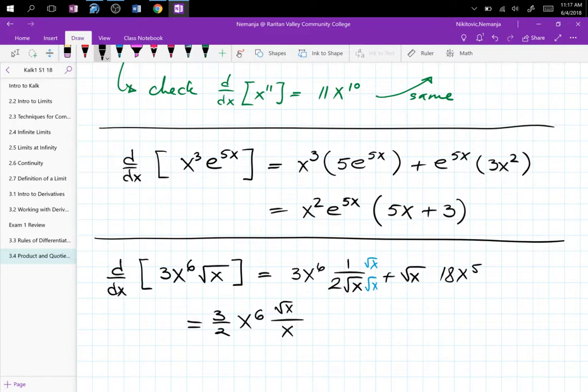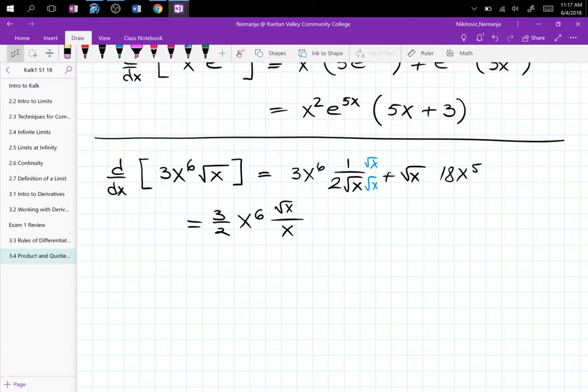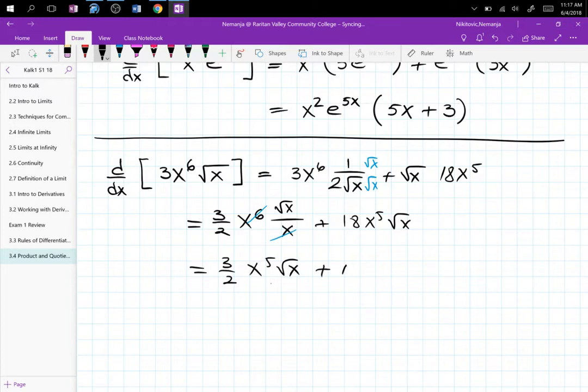The 2 went under the 3. Plus 18x to the 5 root x. Now, x to the 6 and x cancel. And I'm left with 3/2 x to the 5 root x plus 18x to the 5 root x.